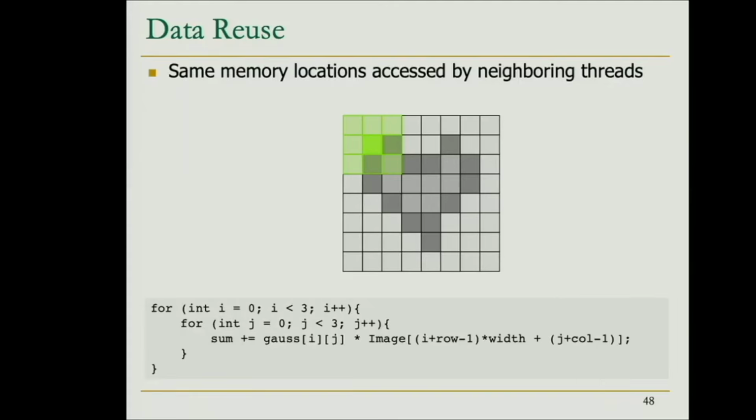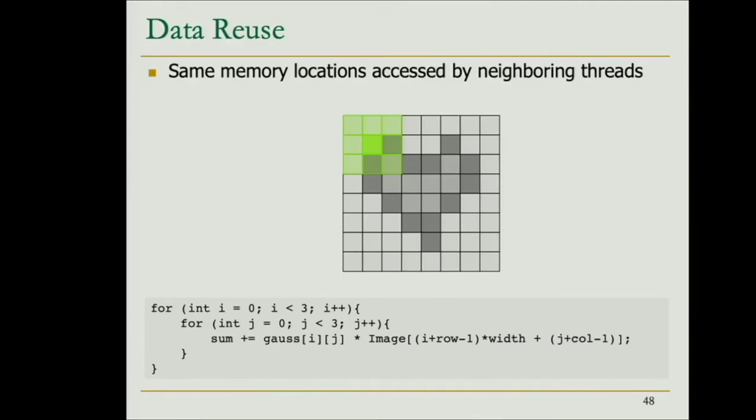We typically have a filter, something like this Gauss thing, a small two-dimensional data structure with certain values, and we need to calculate the convolution for the image pixels that are covered by this green window that represents the filter.